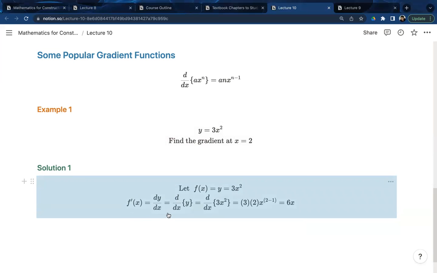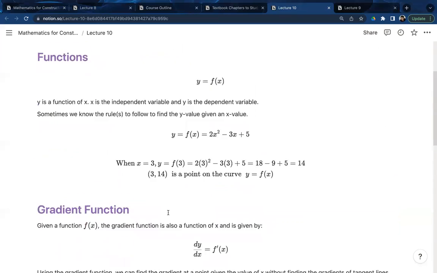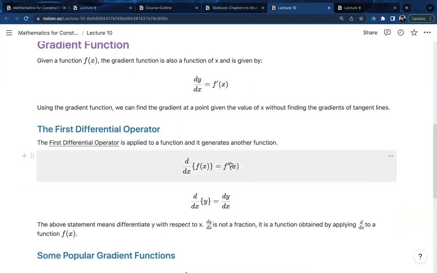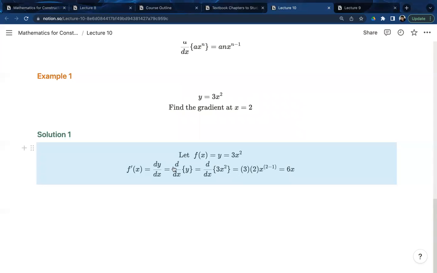It means that's the gradient function. Remember, both are the same thing, right? Up here, f prime of x is dy dx. See it here? It's just two ways of saying the same thing. However, f prime of x is an easier way to write because it's function notation. So what they wanted here was f prime of 2.